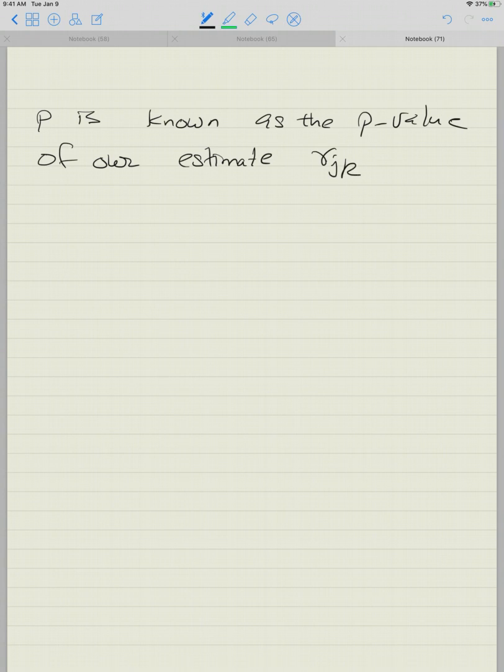So p here has a name. It's known as the p value of our estimate rjk.